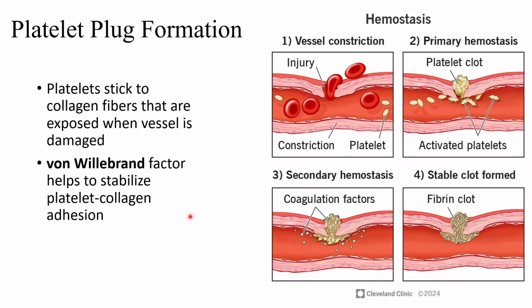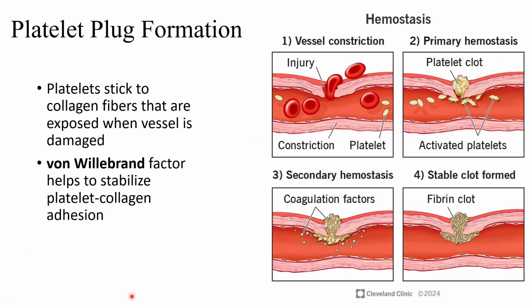Okay, the main thing in platelet plug formation is what they call the von Willebrand factor. The von Willebrand factor will help stabilize the platelet-collagen adhesion. Your platelet will adhere to the collagen itself because of that factor.